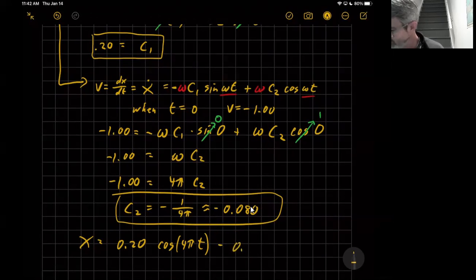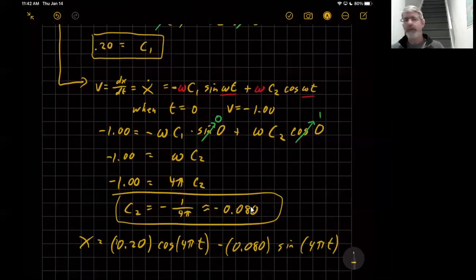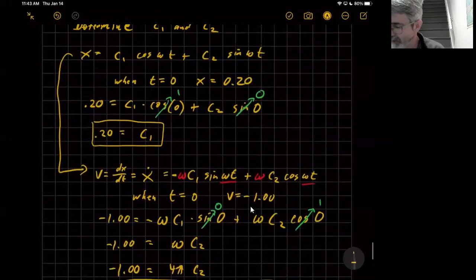Minus 0.080, with parentheses around that, times the sine of 4 pi t. So that will perfectly describe what happened in our initial conditions. Okay, so let me just review what we did real quickly.